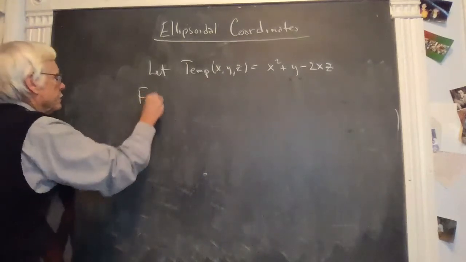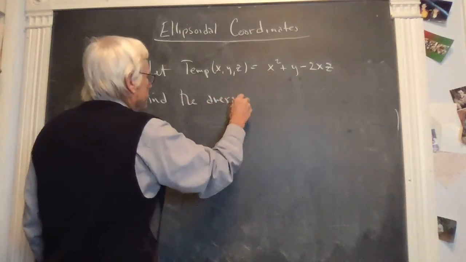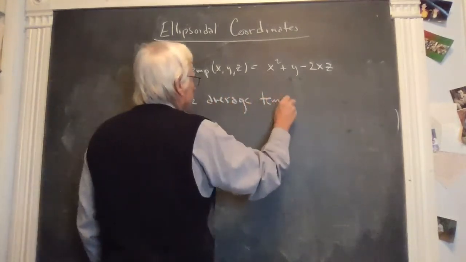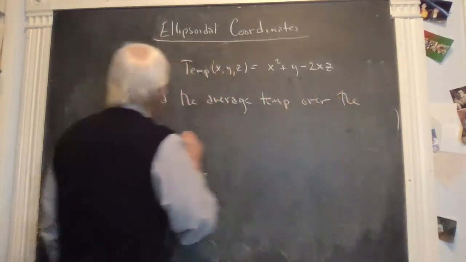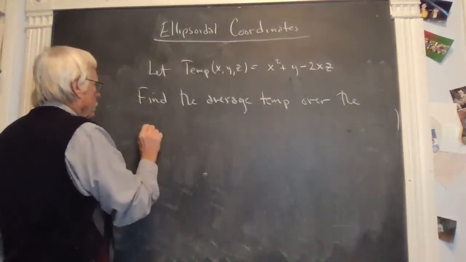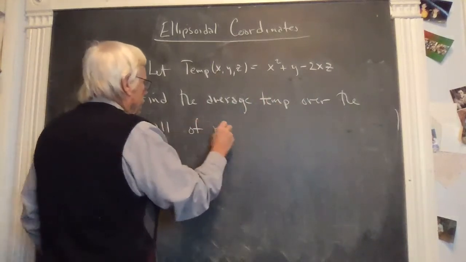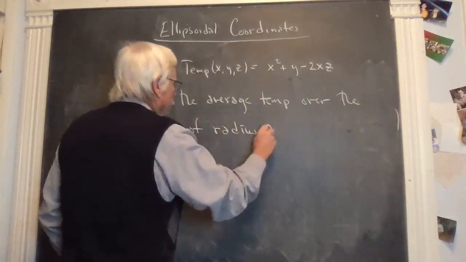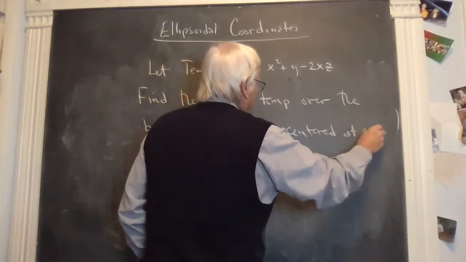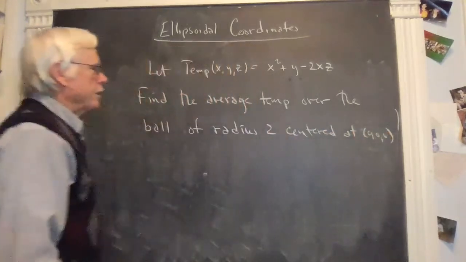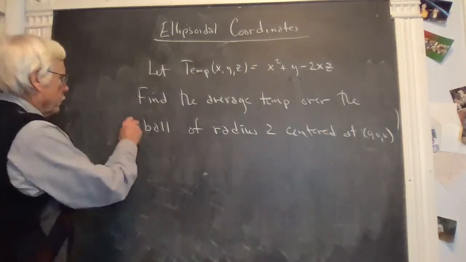Find the average temperature over the ball, meaning the inside as well, of radius 2 centered at the origin. Find the average temperature. So let's call this ball B.